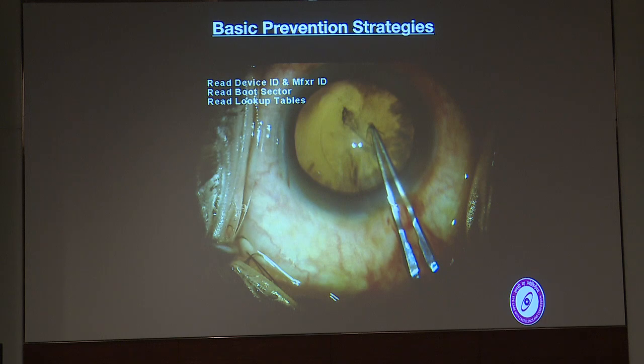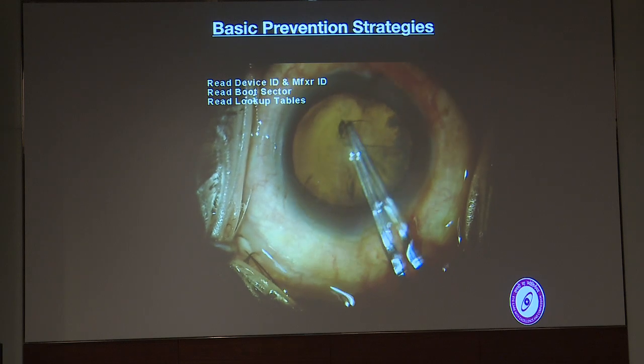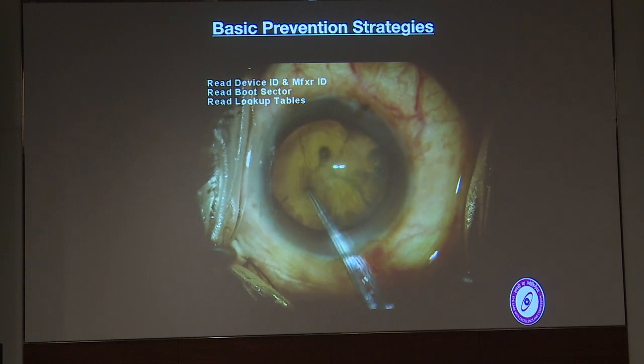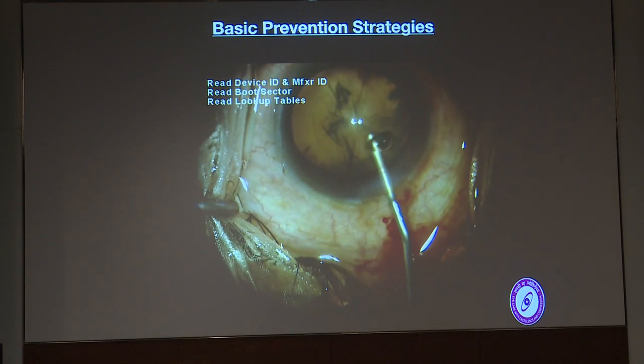This is another video. It is a case where the AC was shallow and there was increased posterior pressure. If you see here, I'm trying to do the rhexis and it is extending towards the periphery.